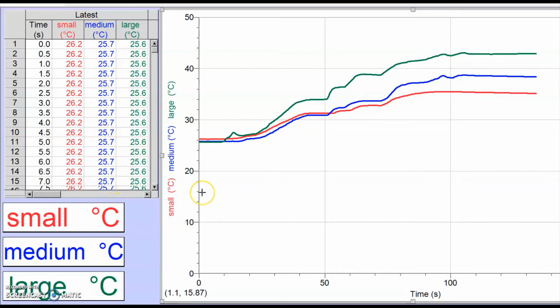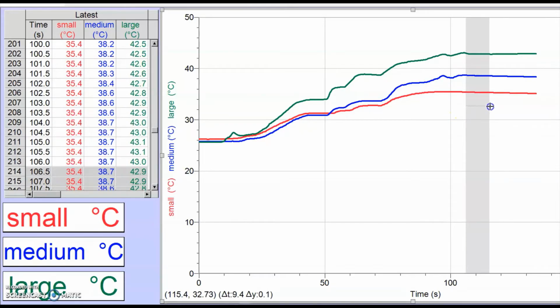And then you can see in this case, this was the opposite of the first part where we reacted the citric acid and sodium hydrogen carbonate. Now with the magnesium and hydrochloric acid, we see that in this case, the temperature is increasing. And so let's grab a little spot right here so we can see what the temperatures did towards the end of our data set.